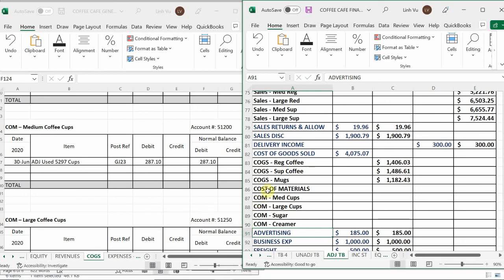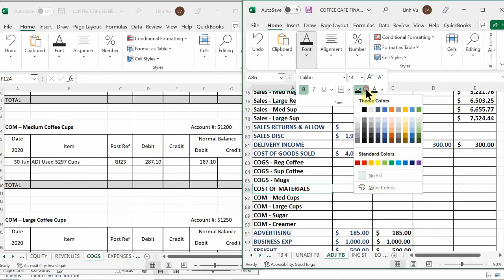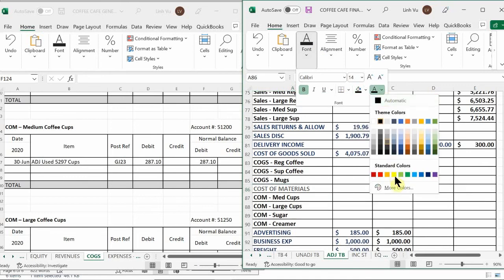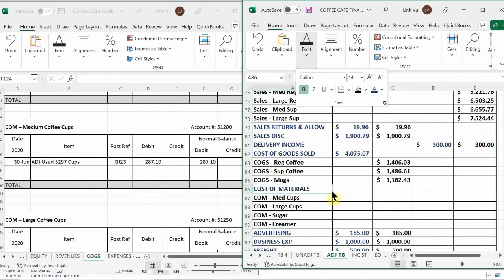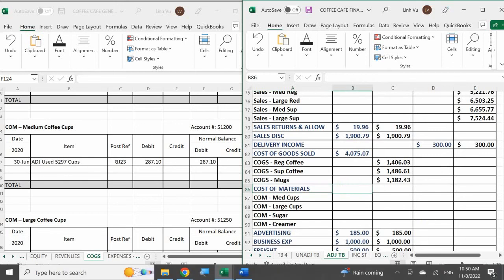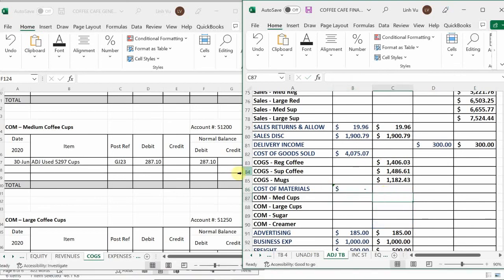So in this case, we gotta change this to that blue color. Okay? And this is going to be an equal sum of the cost of materials for the medium, large, sugar, and creamer. So in this case, let's go through it one at a time.